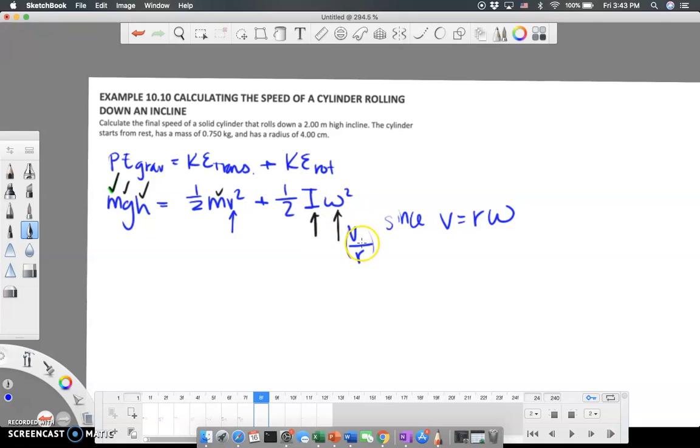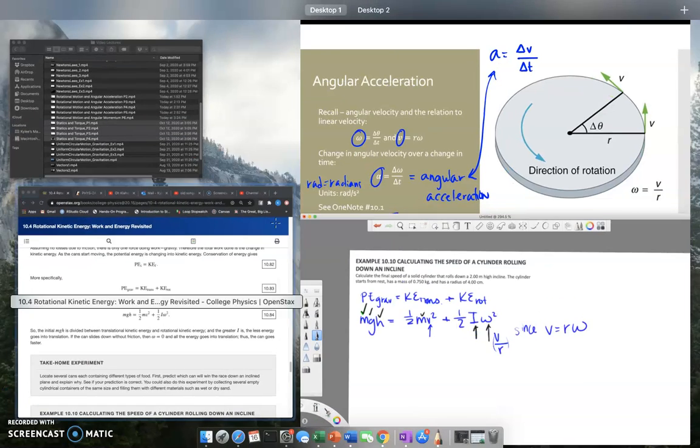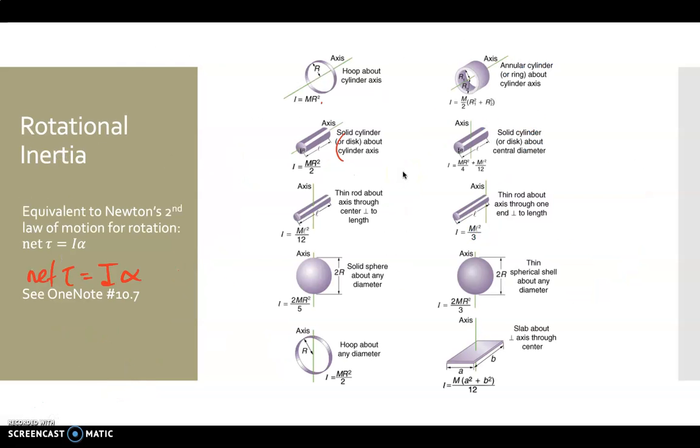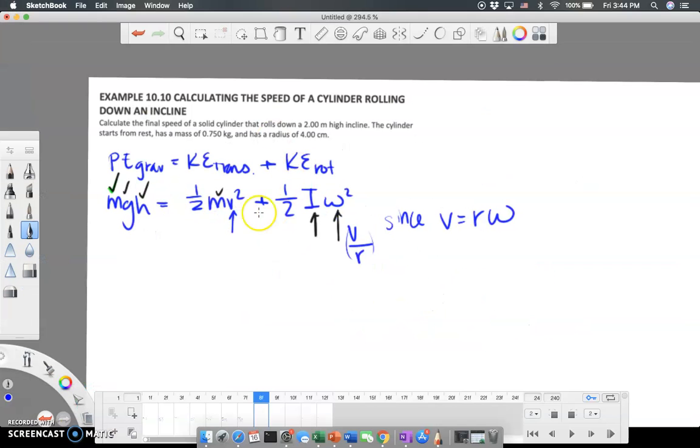So we can plug that in there. Our I, again, I believe it was, I gotta go back. Can't remember. 1/2 mr squared. Okay. So that should do it.